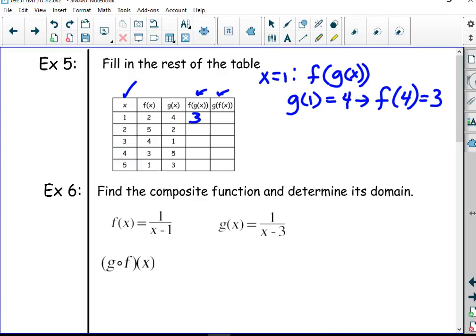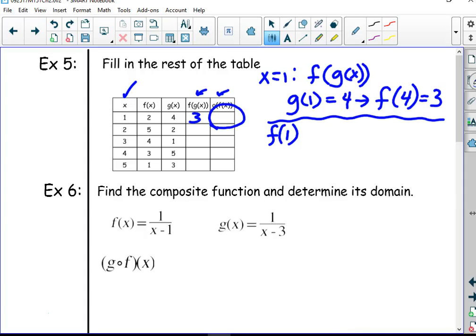Now let's take a look at it the other direction by looking at f of 1 first. So now we're doing that second part. f of 1, so again, we go to our table, we find the 1, we find the y value of f, and then we take that value and put it into g.